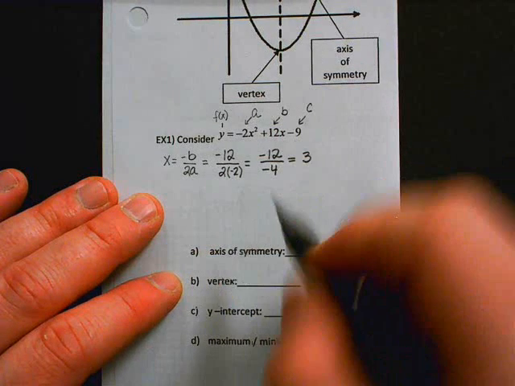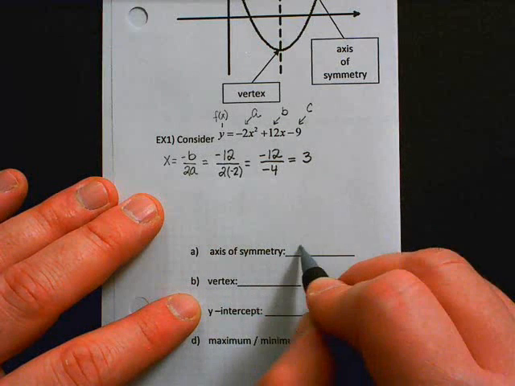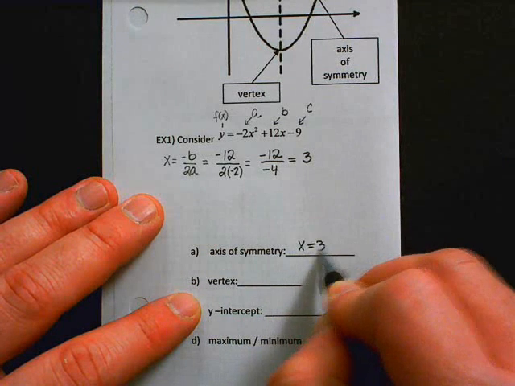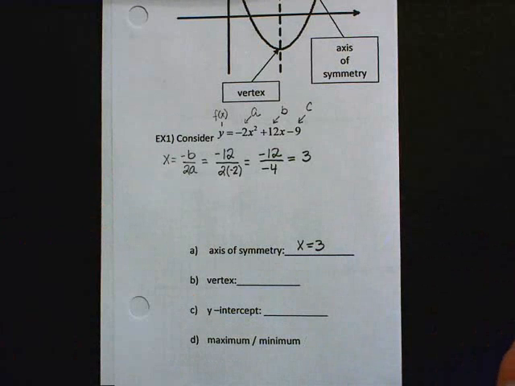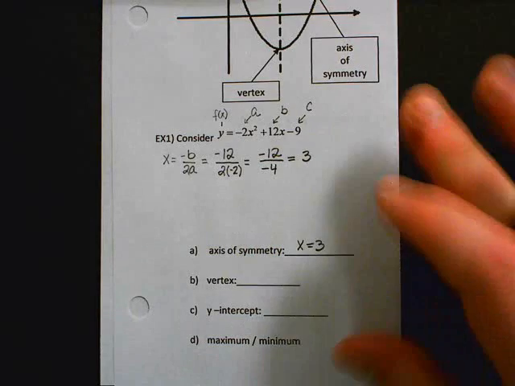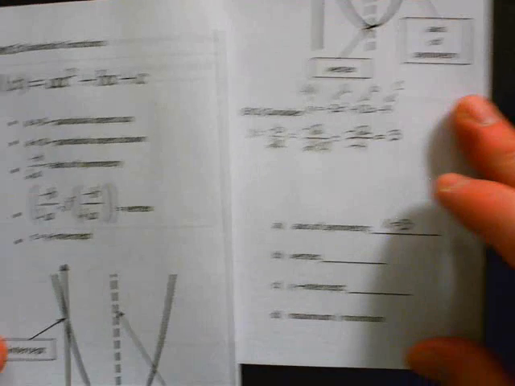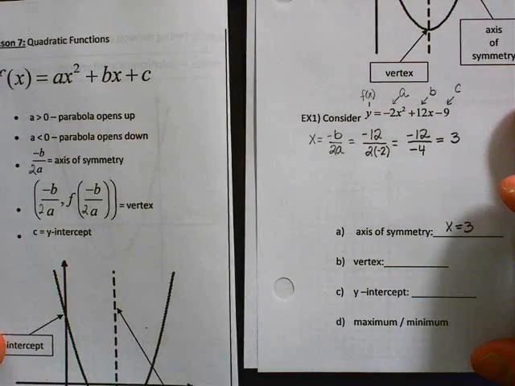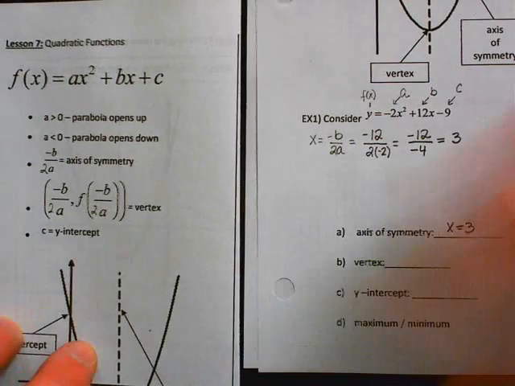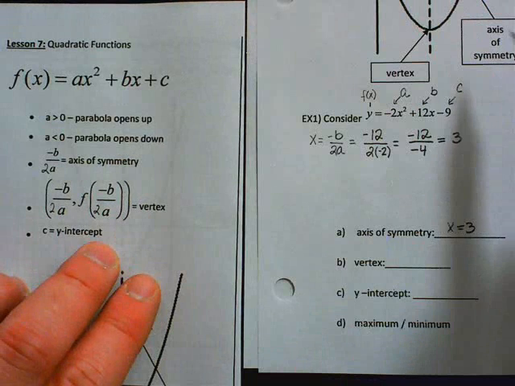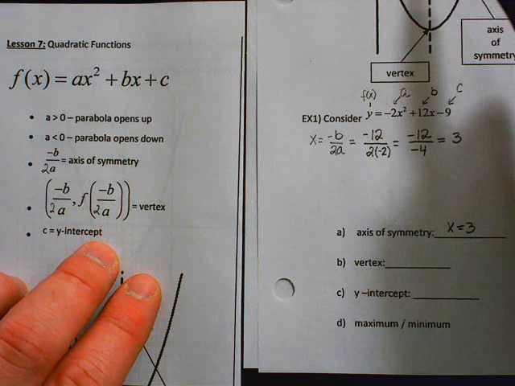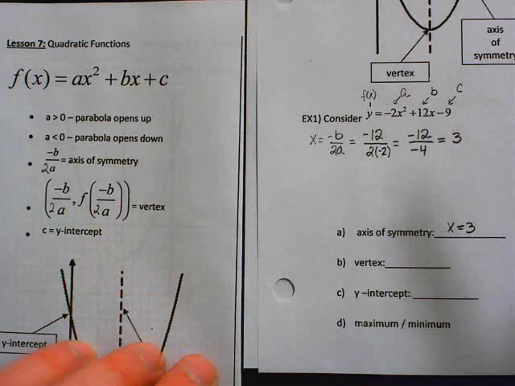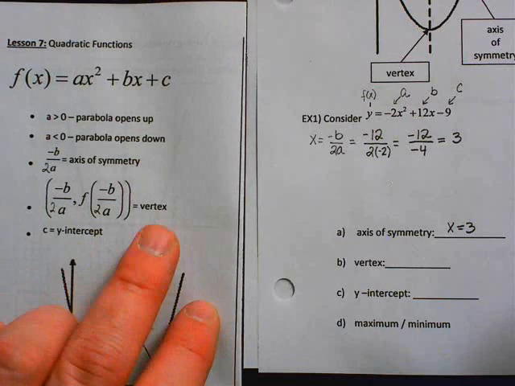Now let's do our vertex. Let me put my little formulas here to the side so you can see that I'm referring back to the formulas up on the paper. The vertex is defined by negative b over 2a, and we already found that to be 3, so we know our first coordinate is 3.